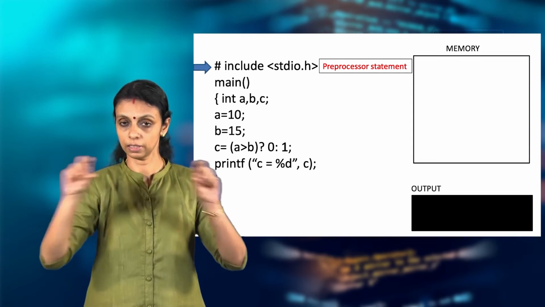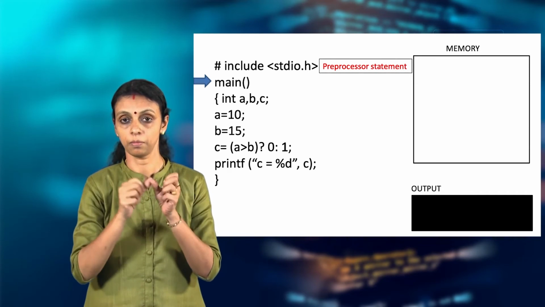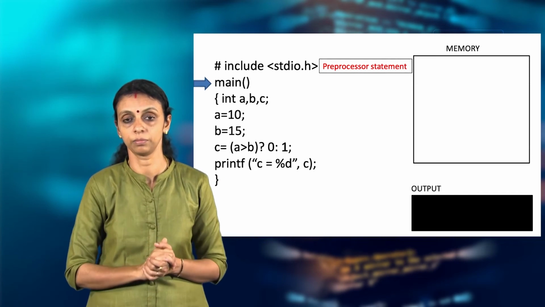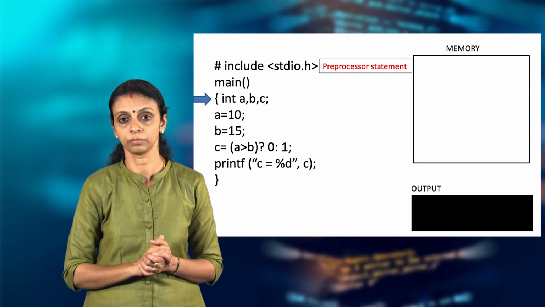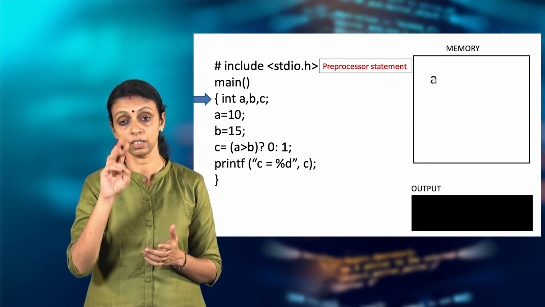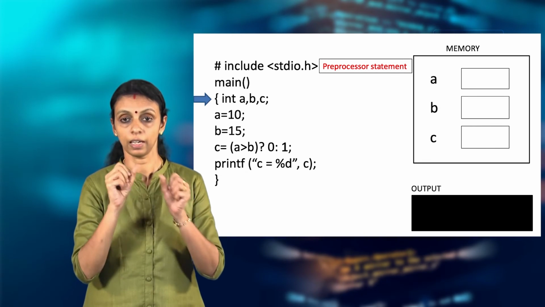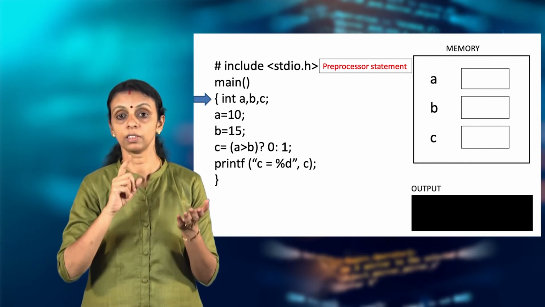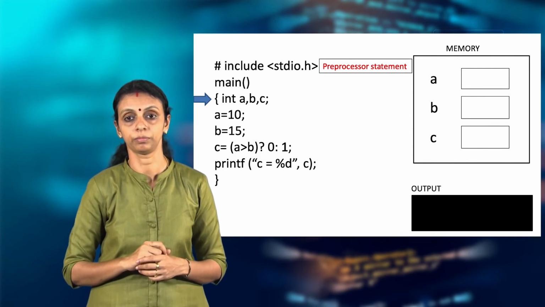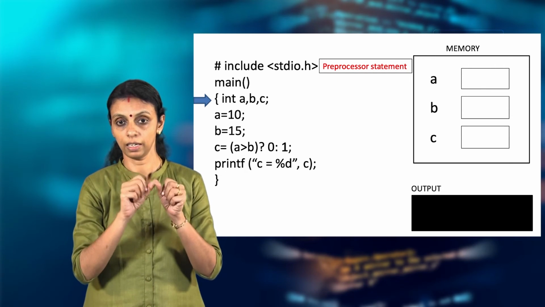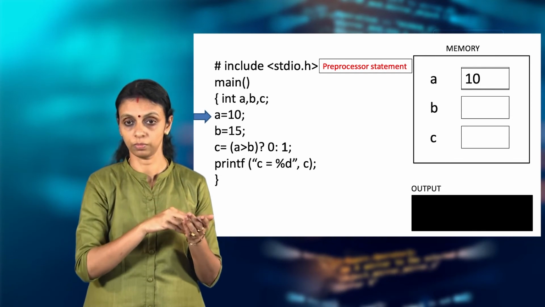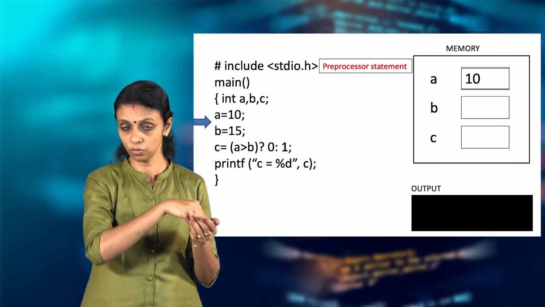Preprocessor statement. Main, where execution starts. 3 integer variables are declared a, b, c. 10 is stored in a, 15 is stored in b.